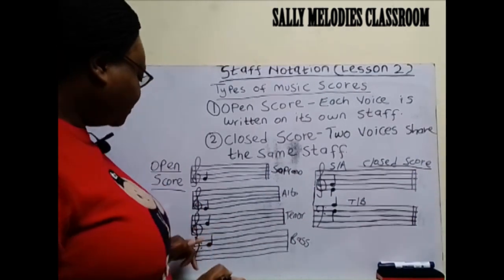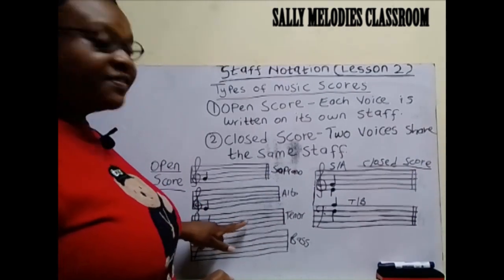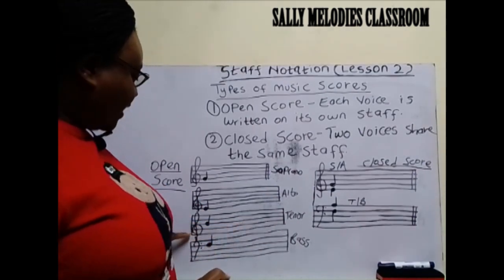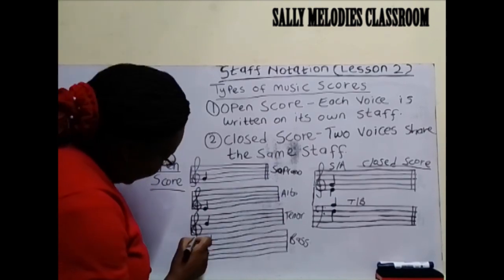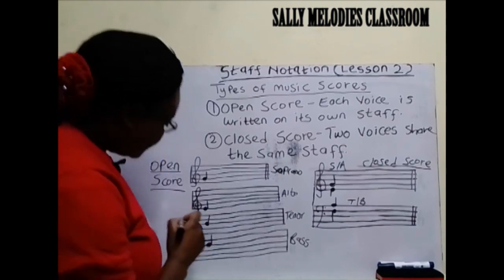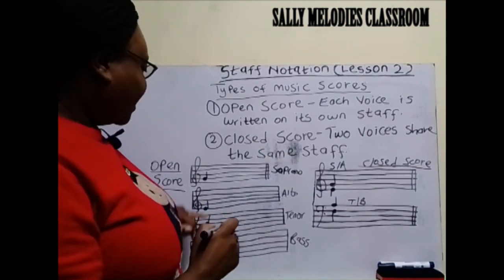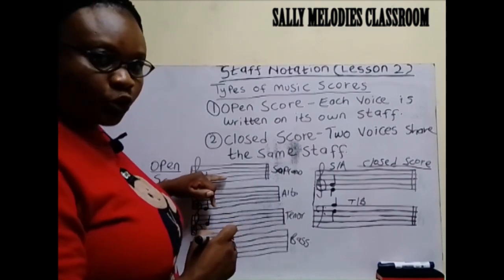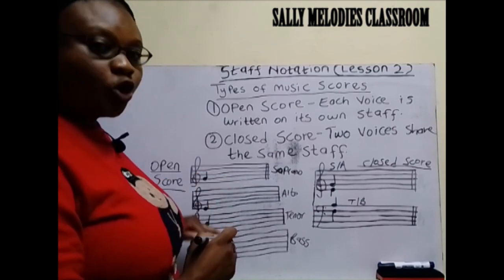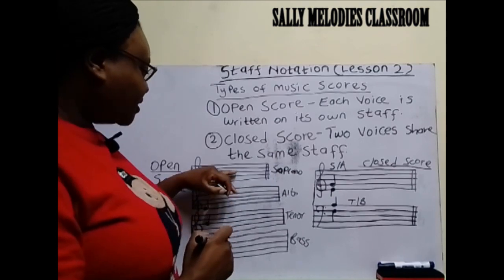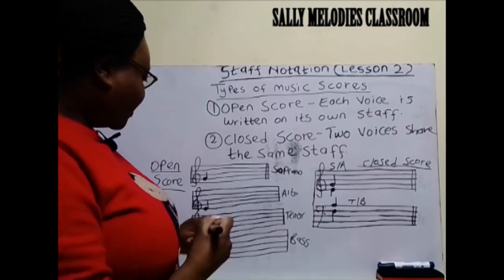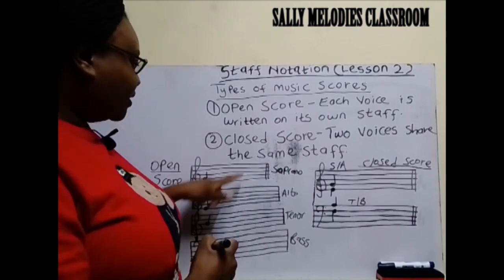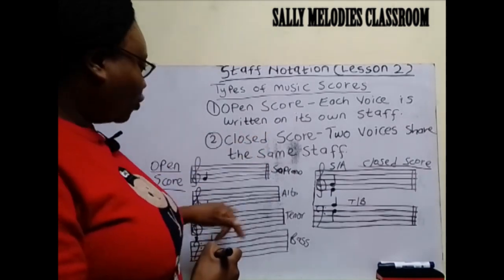Remember here, the tenors were using the third staff with a treble clef, but down here there is an 8, meaning they are doing soprano notes but on a lower octave. They are doing the same notes as sopranos but on a lower octave. So that is how we write when we are doing a closed score.